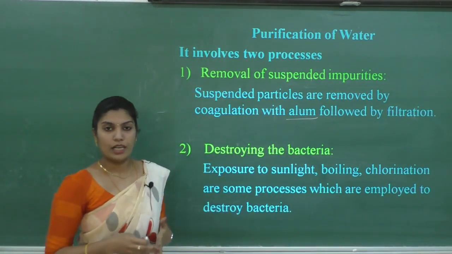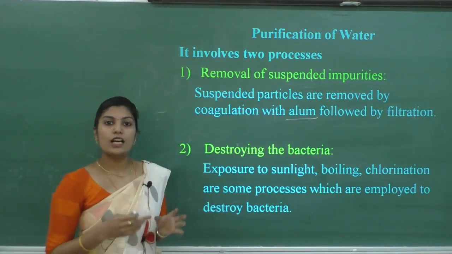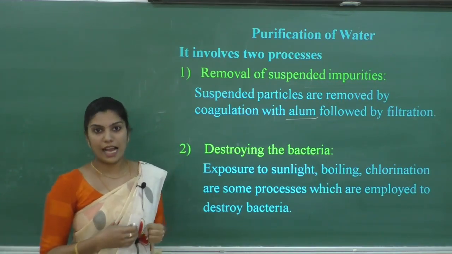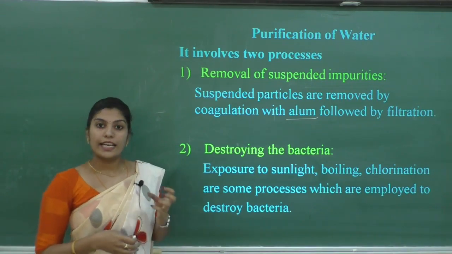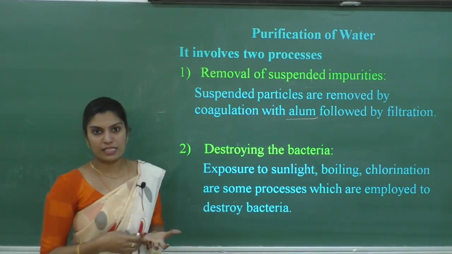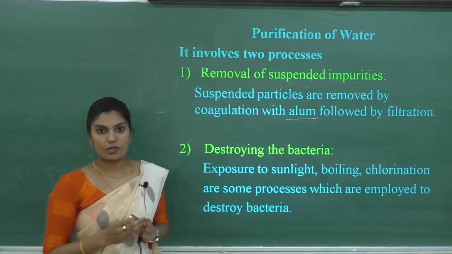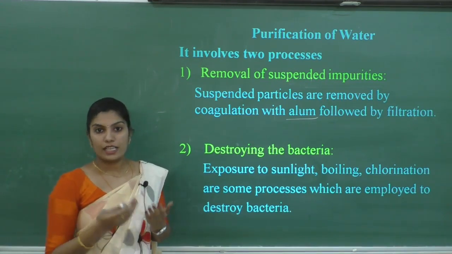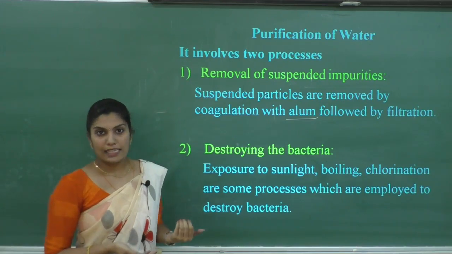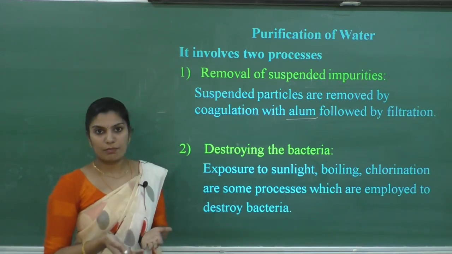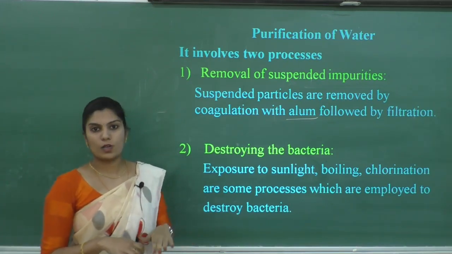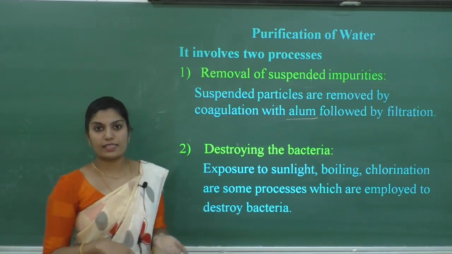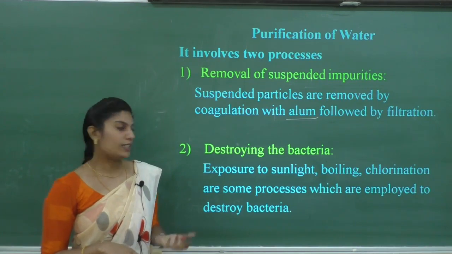Potash alum is potassium aluminium sulfate. When it is added to impure water, it reacts with the impurities present in the solution and forms larger particles. Those larger particles are removed by filtration, and the filtrate we get is pure water.